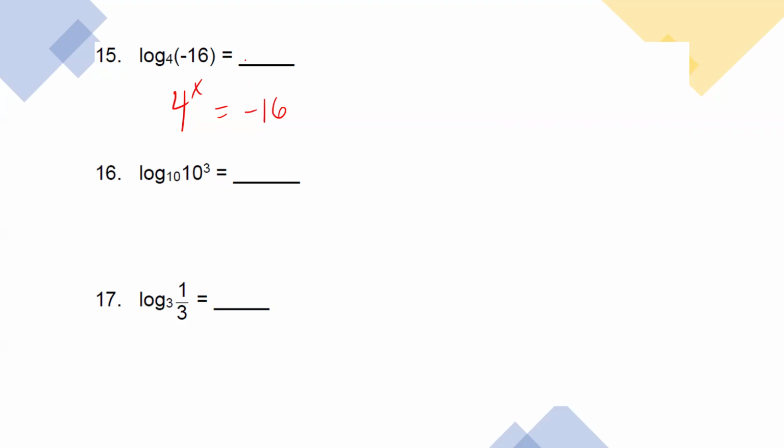You can't have a negative argument and you can't have a negative exponent. So it's undefined, NA, whatever you want to write. It's not defined. Okay. Let's keep it going. So this is saying 10 to what power equals 10 to the third power? What would make this a true statement? 3. X would have to be 3. In order for these to be the same, X would have to be 3.